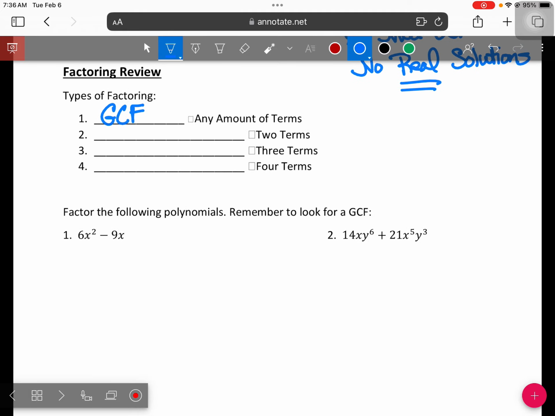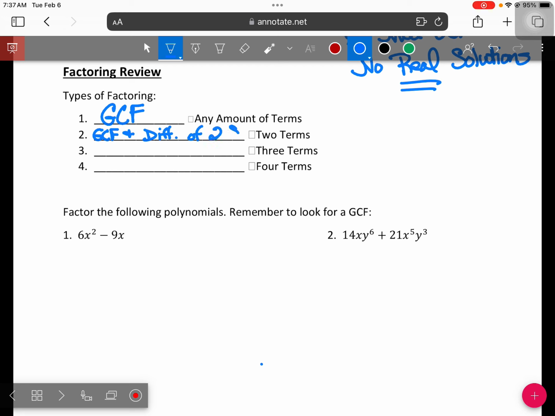If we have only 2 terms and we've already looked for the greatest common factor, what should I look for here if I only have 2 terms? Maybe I should put GCF first. So GCF first, and then what? It's a difference of 2 squares. Very good.